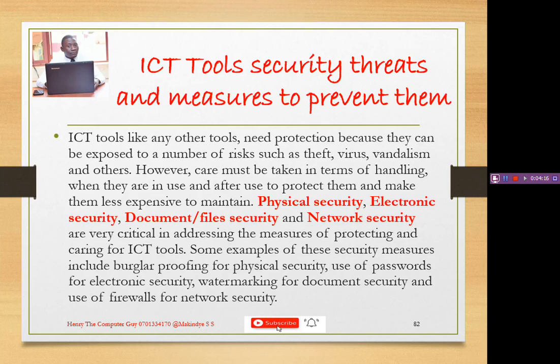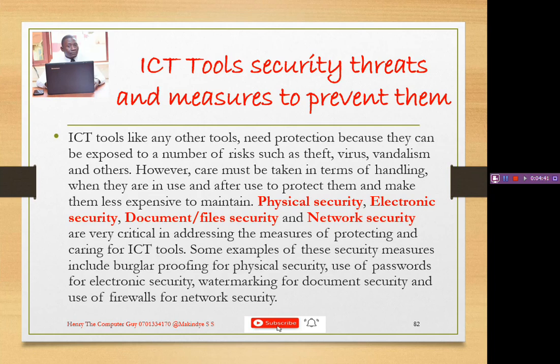Another one is watermarking for document security. Put a watermark in your document to prevent it from, let's say, unauthorized duplication. You can make them expire after a certain amount of time. You can also put passwords on them, such that if someone wants to open that document, they have to put in a password or provide a code.